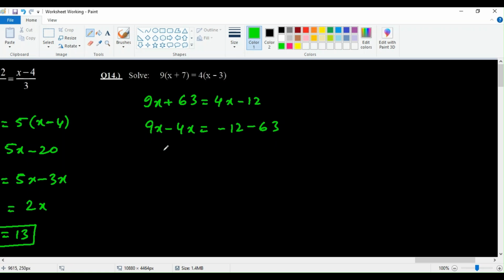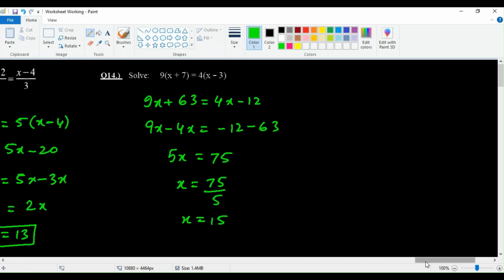So 9 minus 4 is going to give us 5x, and 63 plus 12 is going to give us 75, and when divided by 5 gives us 15. So the value of x is going to be 15.